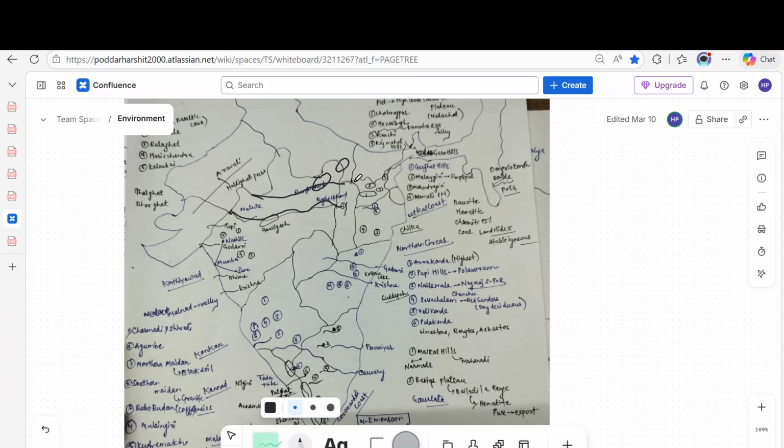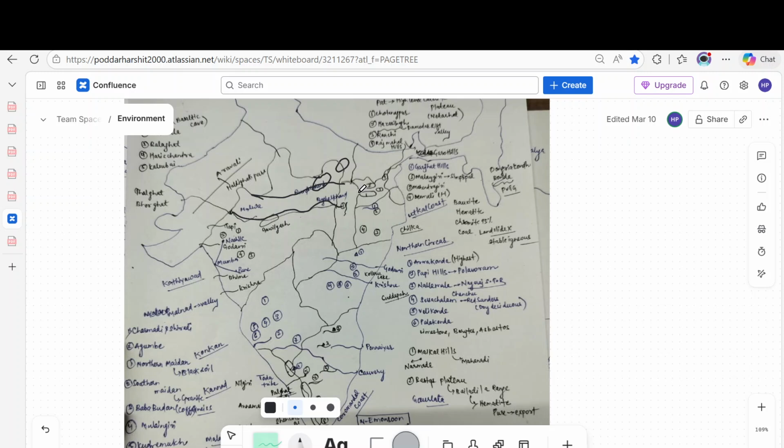The first one, at the very easternmost, is Amarkantak, the Maikal range. Amarkantak is the origin of the Narmada and Son. Ma for Maikal, Ma for Mahadev. In Mahadev, Dhupgarh is the highest peak in MP.